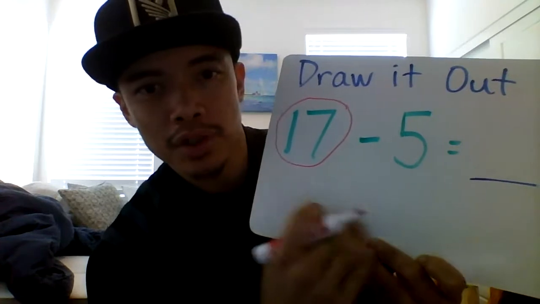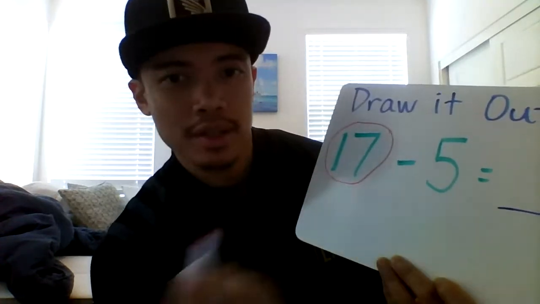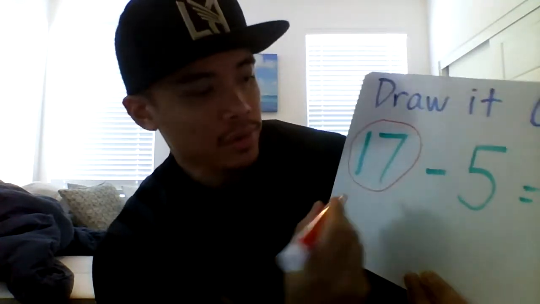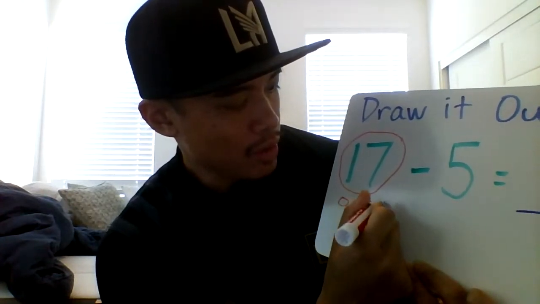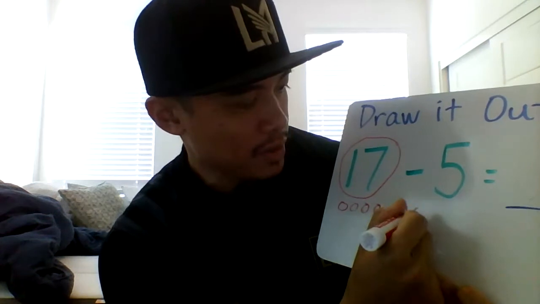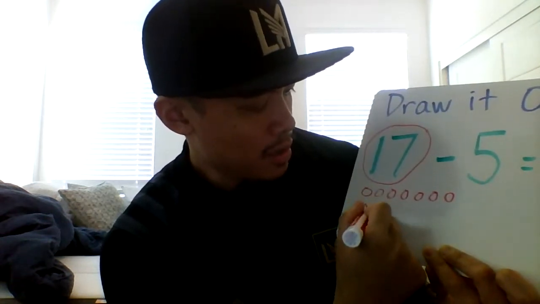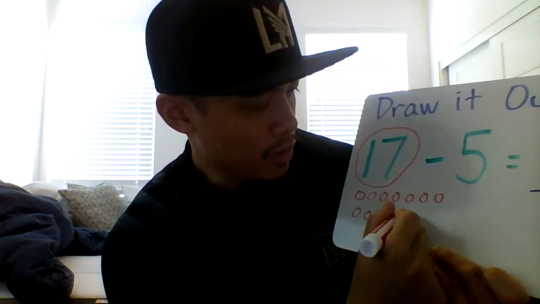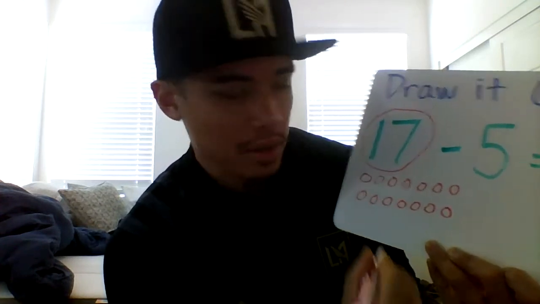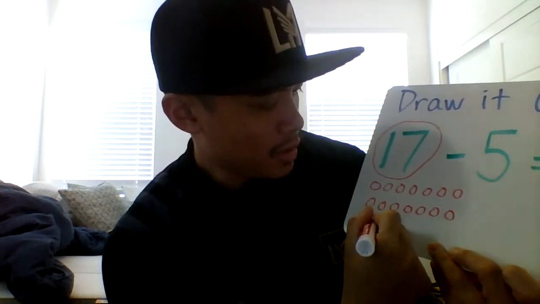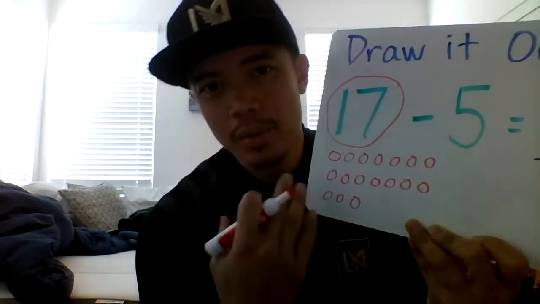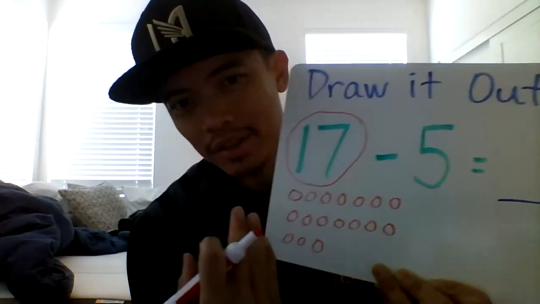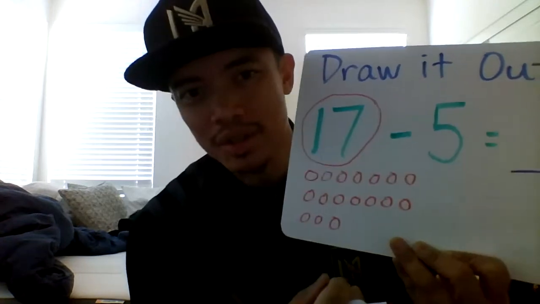Visually represent it. 17 cupcakes, so let's draw 17 circles. 1, 2, 3, 4, 5, 6, 7, 8, 9, 10, 11, 12, 13, 14, 15, 16, 17. So there's 17 circles. That represents the number of cupcakes I baked altogether, 17, which is the whole.